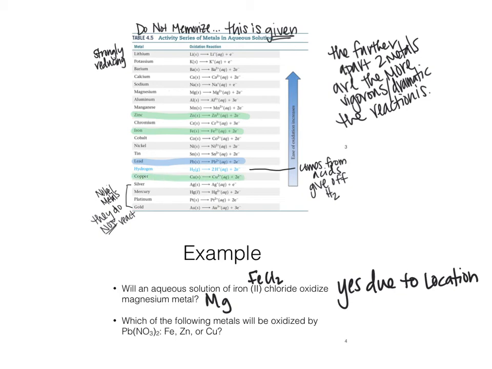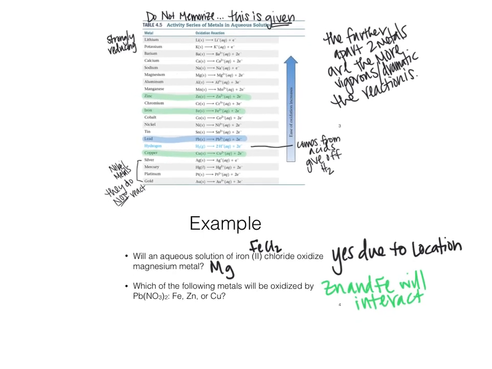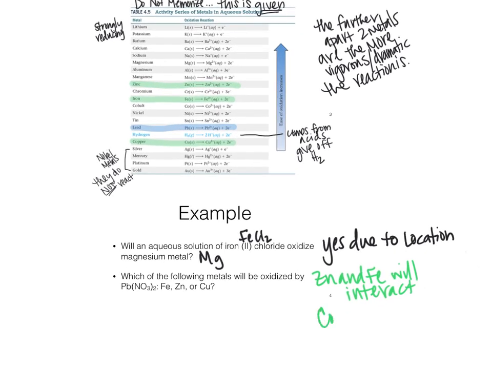With the activity series, we know that metals will be oxidized by the ions of metals below them. So zinc and iron will interact. Copper will not.